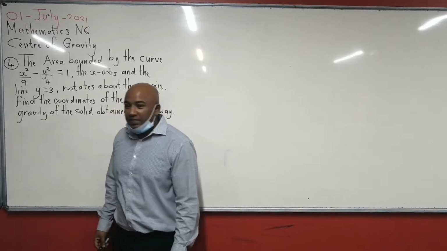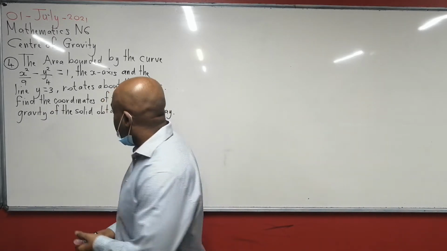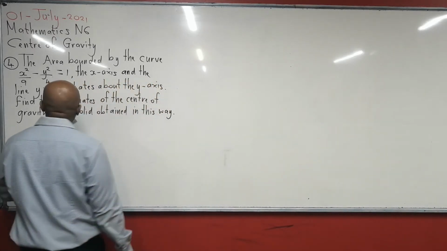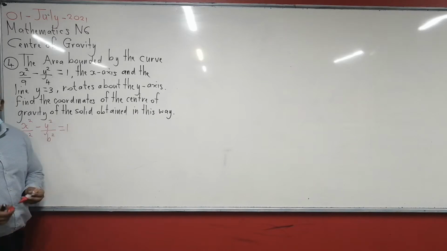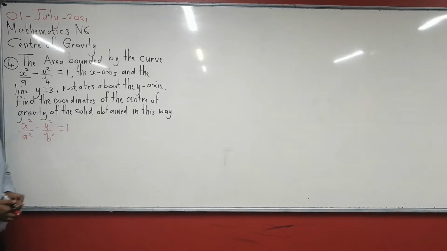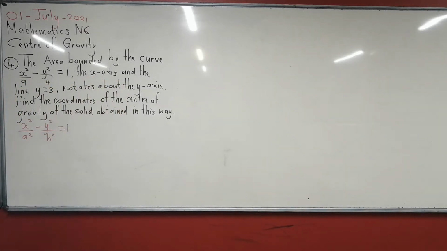Right, so the first thing we need to do is sketch this graph. So what type of graph is it? We have x squared over a squared minus y squared over b squared is equal to 1. So this is the graph of a central hyperbola.